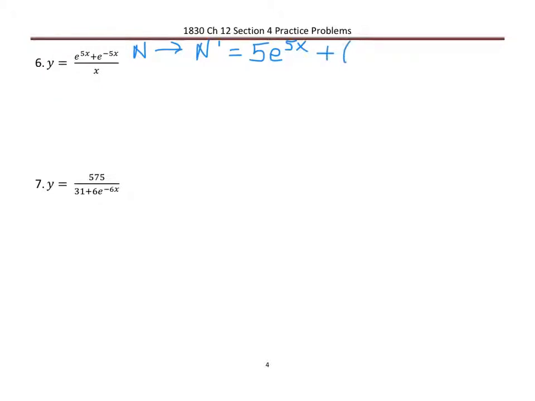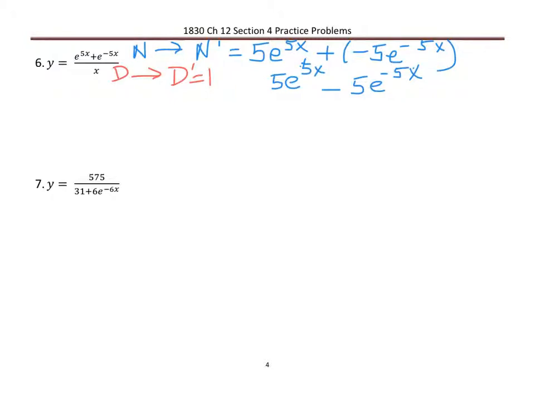So we're actually saying plus negative 5 for the derivative of the negative 5x, times e to the negative 5x. It would be simpler to write this as 5e to the 5x minus 5e to the negative 5x. And fortunately for us, the derivative of the denominator, which is just x, is just 1.